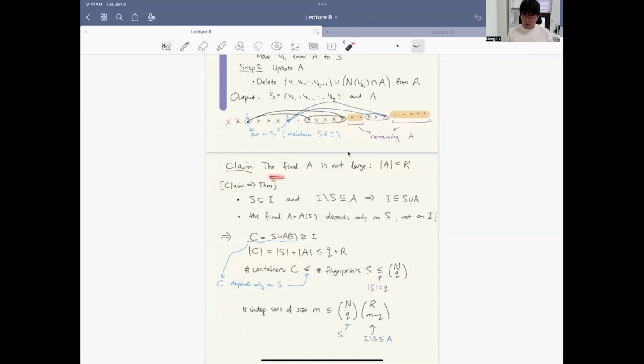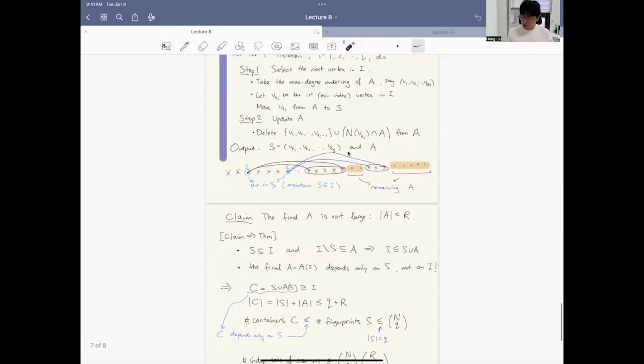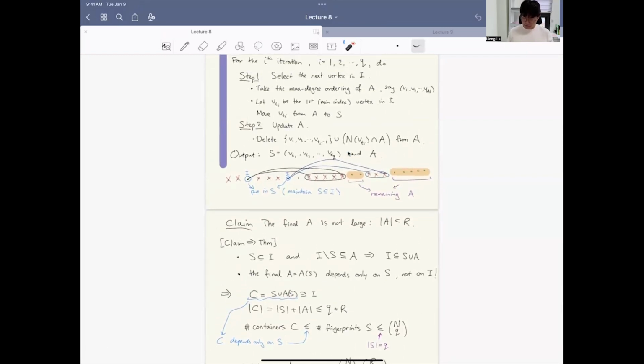Given that the final set is not large, we finished the proof. So this time, let's prove this claim that the final set A cannot be larger than R. Any questions so far? Okay.